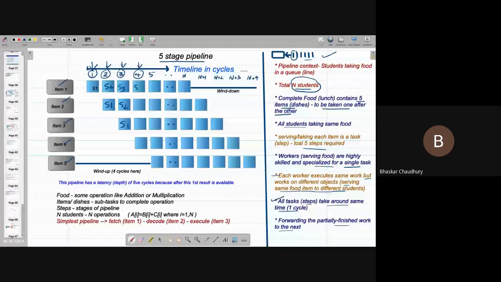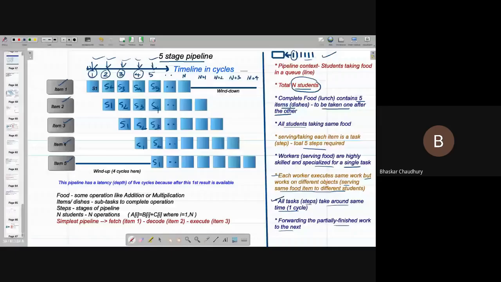Similarly at cycle 4, this will become student 4, then student 3, student 2, and student 1. And exactly at the fifth cycle: 1, 2, 3, 4, 5, this is how this will look. Exactly at this point, at the fifth cycle.